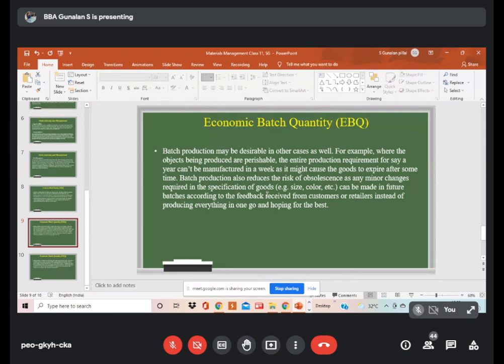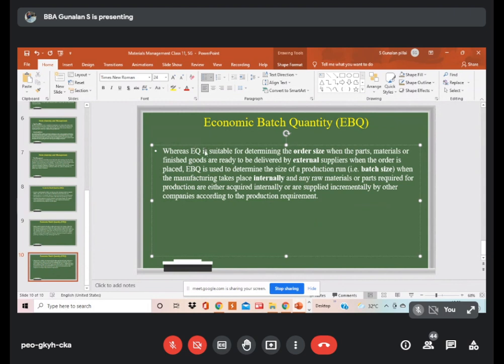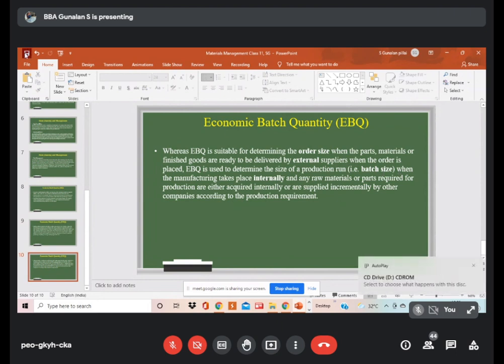Retailers, instead of producing everything in one go and hoping for the best. Economic order quantity is suitable for determining order size when the part materials or finished goods are to be delivered by an external supplier when the order is placed.